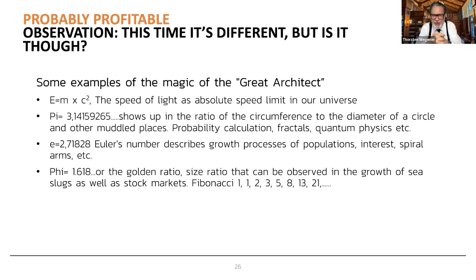It pops up in the weirdest places when you talk about probabilities. Why it has this value it has, I don't know. Why it shows up in certain things. There are explanations for some of the places it shows up, but nobody, I have the impression, really knows why we have it there. Then Euler's number, obviously growth processes.